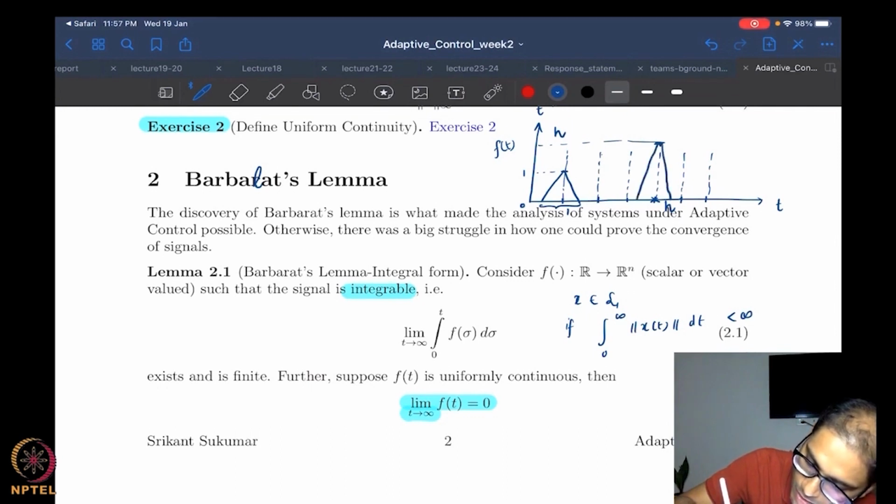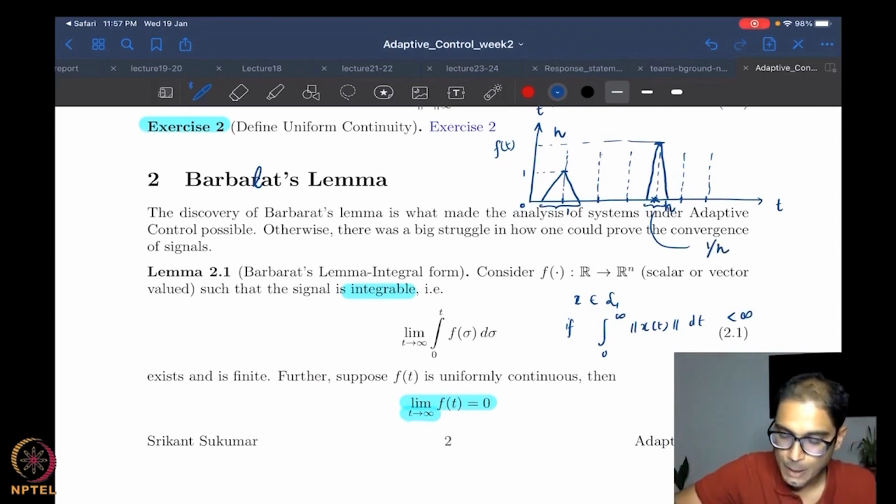I know this picture is not very representative. Let me try to make it representative. So this width is 1 by h.